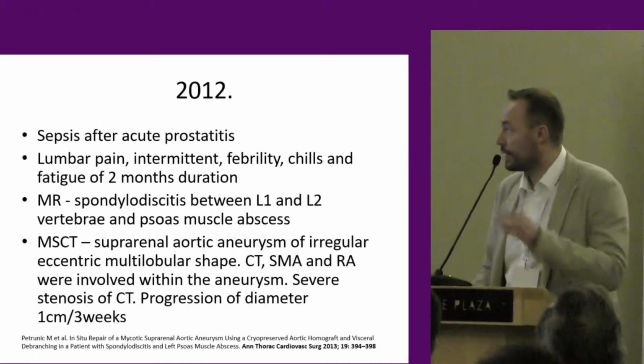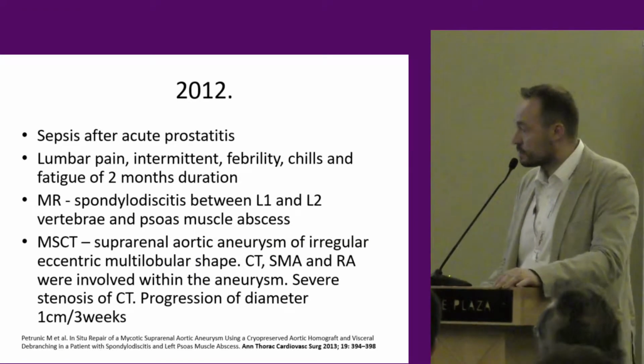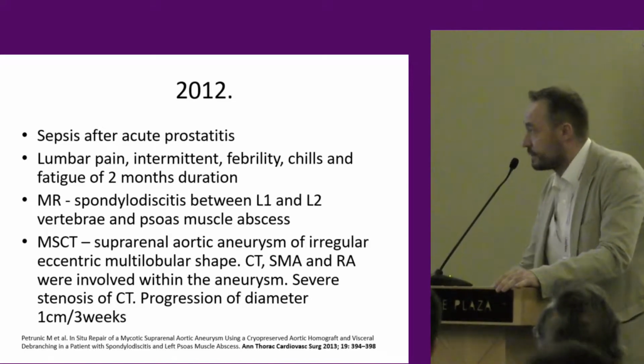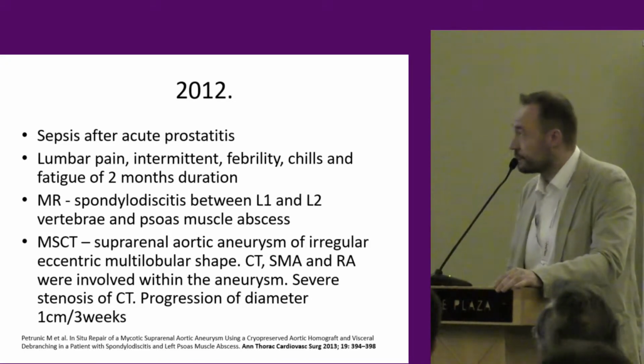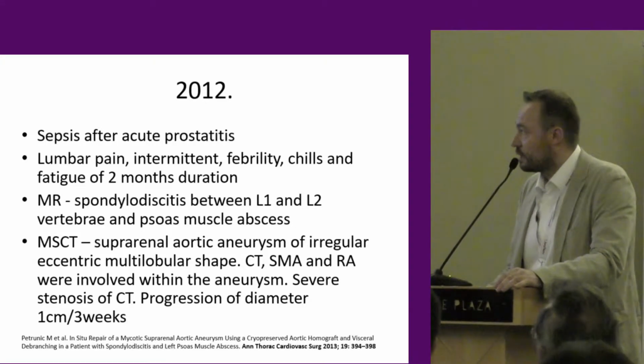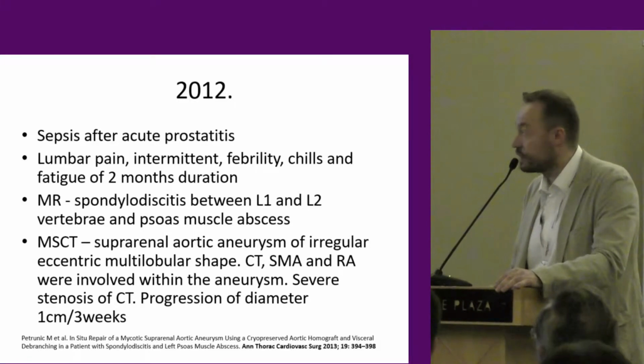One of our cases is a male that was hospitalized in the clinic for infectious diseases for sepsis after acute prostatitis. He had lumbar pain, intermittent febrility, chills, and fatigue of 2 months in duration.